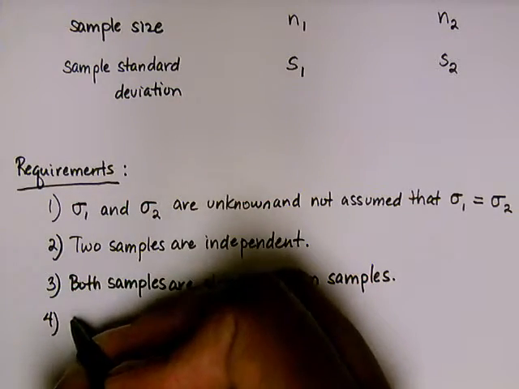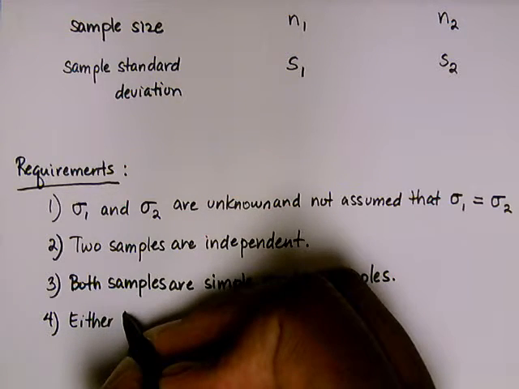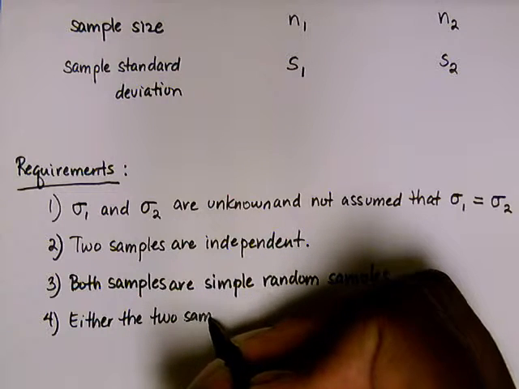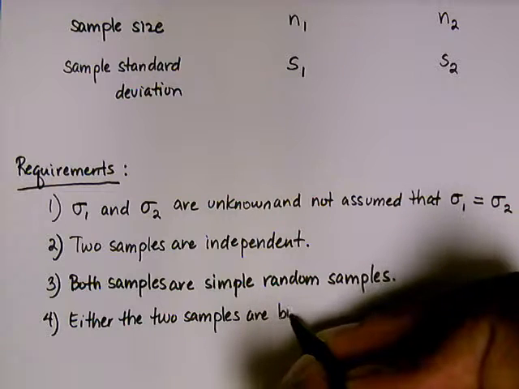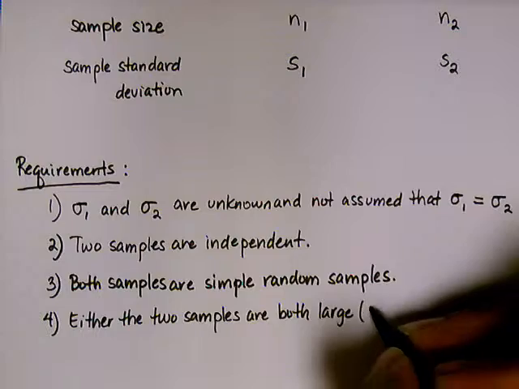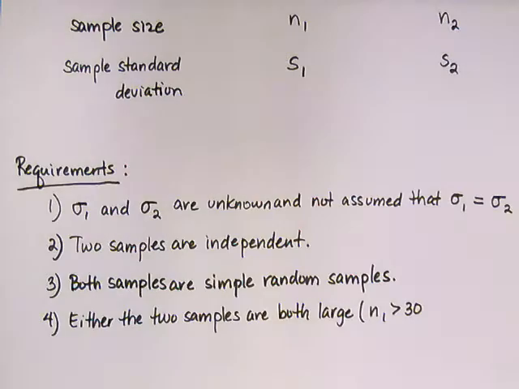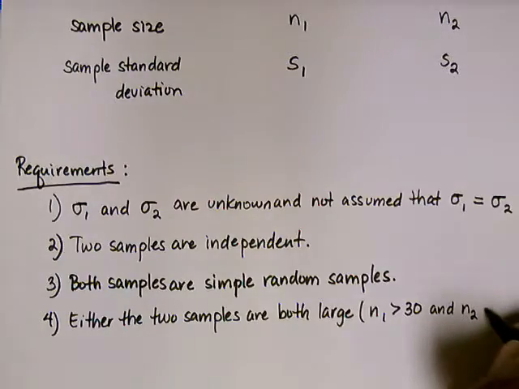And number 4: either the two samples are both large, and we use 30 as a guideline for a large sample, so n1 is bigger than 30 and n2 is bigger than 30.